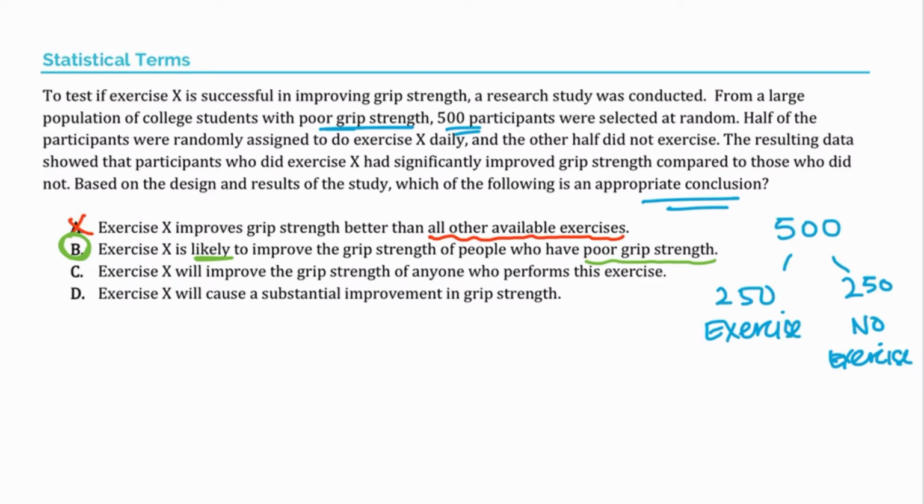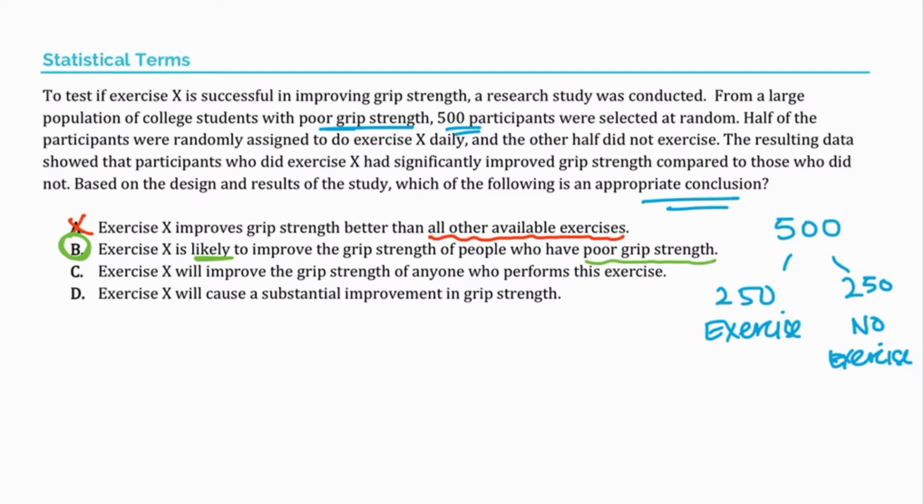We're not extending beyond. It's kind of that same example where we had a primary school with lots of different grades. But if you only study kindergartners, you can only generalize your results to kindergartners. It's the same thing here. We have lots of people with lots of different grip strengths, but if we only study people with poor grip strength, then we can only generalize our results to people with poor grip strength.